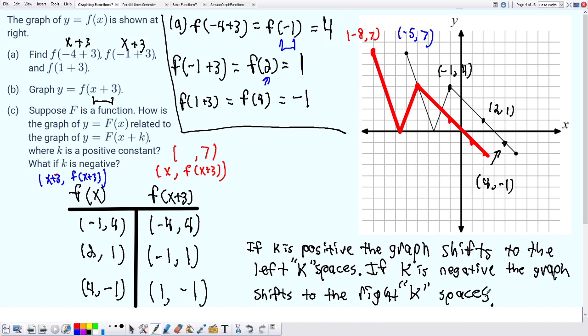So that is it. Now we know that whenever we are adding or subtracting a value inside, or to the x value you could think of, we're going to shift the graph either to the left or to the right.